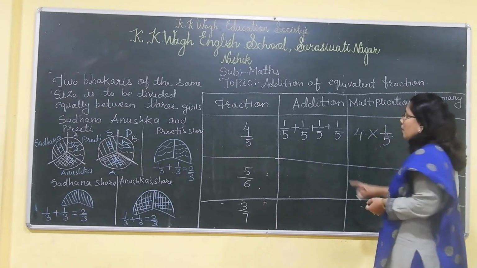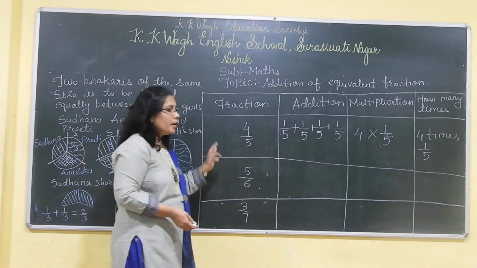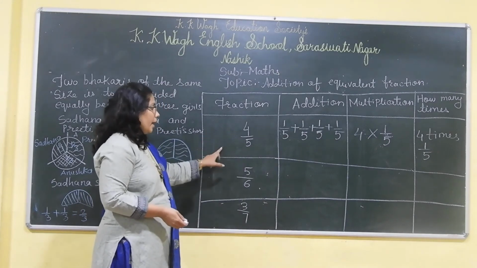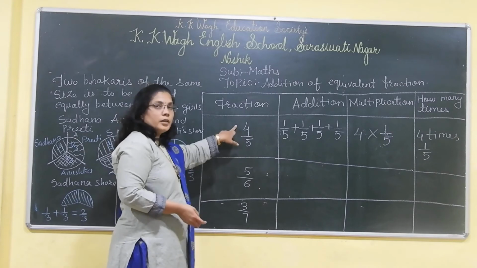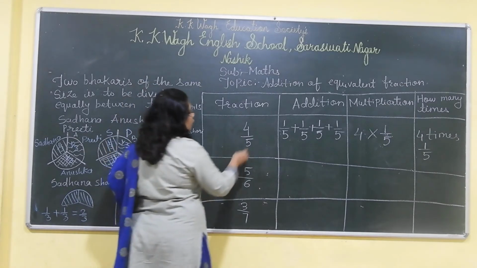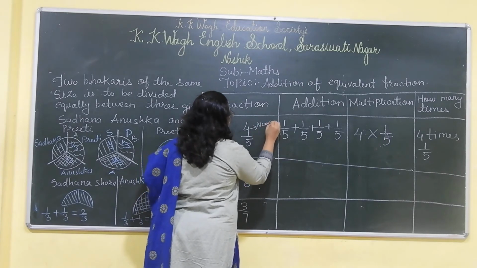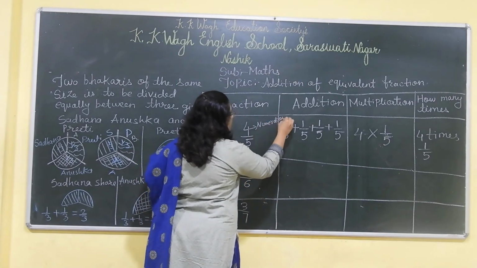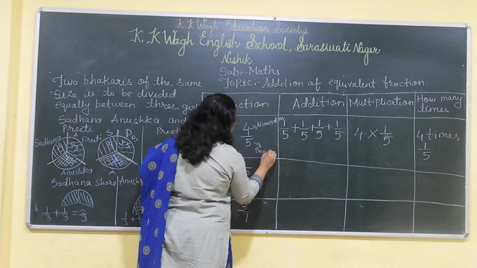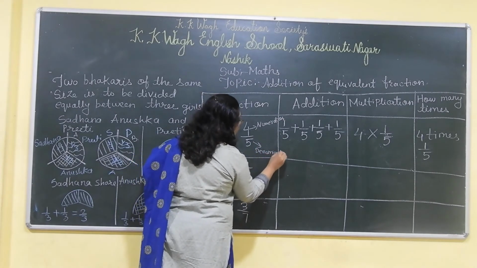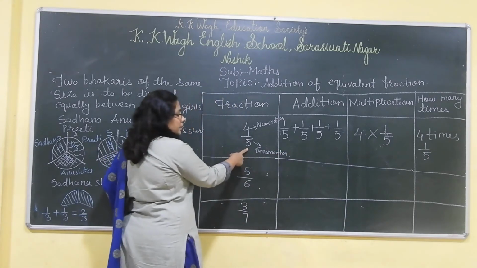Okay. Once again I will explain. When we take the number 4/5, there is 4 in the numerator. This is the numerator, the number above the line, and this is the denominator. The denominator is the same.